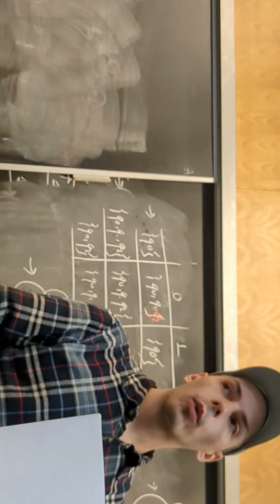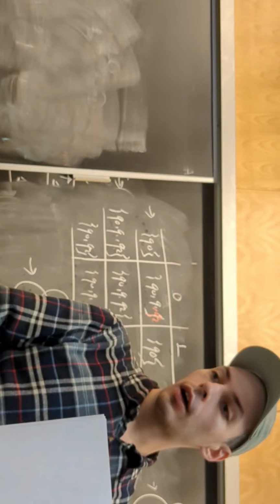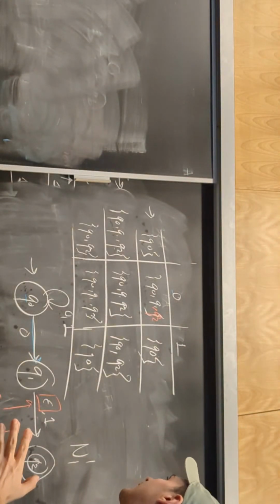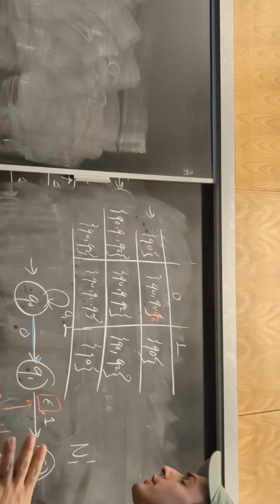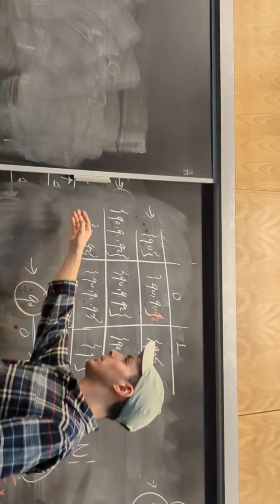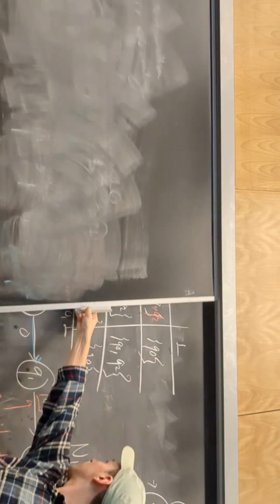Now, one thing to mention is there's another question in the assignment about something like this, and there's something about complements. I just want to give you a quick perspective on this.